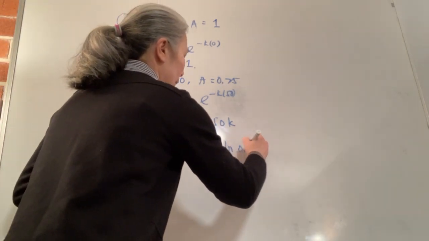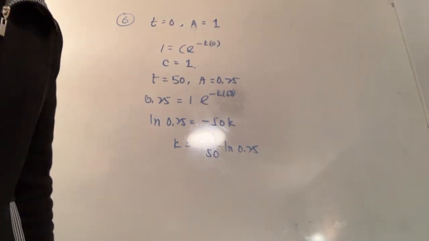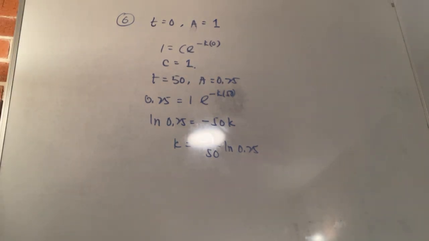Wait, since k is equal to a negative number, negative k would be positive. k will be a positive number. k is not negative. That's where I forgot it. Okay.